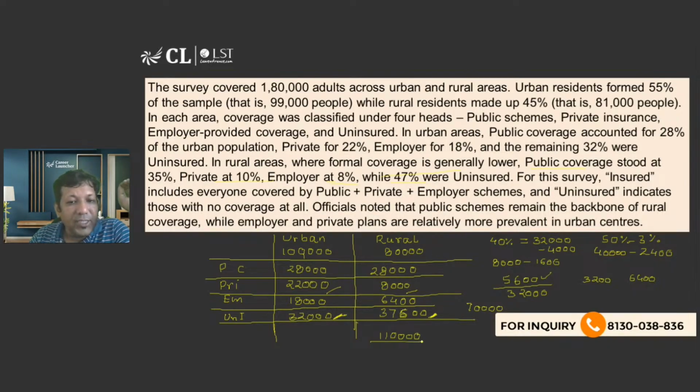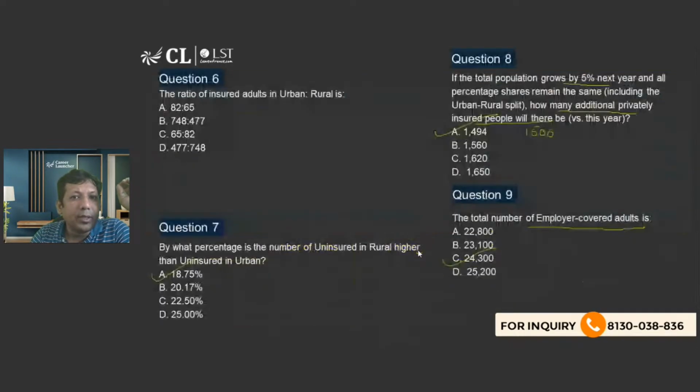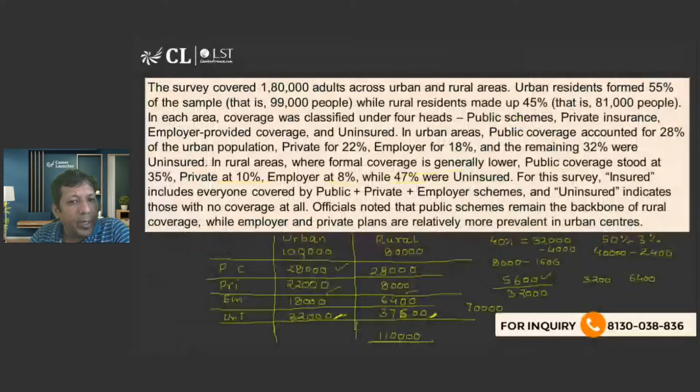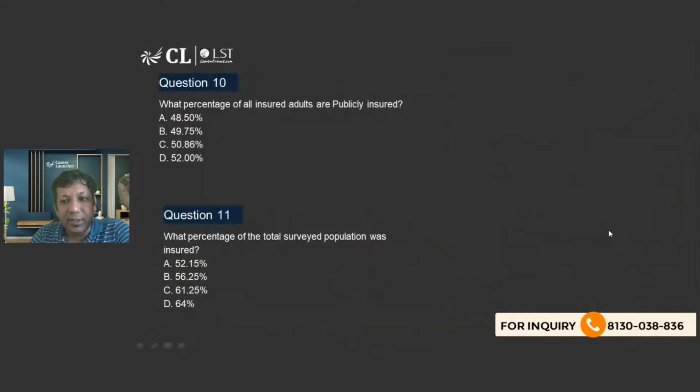And out of these 110,000, how many people are publicly insured? Public coverage is 56,000. So I have 56,000 out of 110,000, right? The value should be close to 50%, and this value is actually a little greater than 50%. So my answer is going to be option C. Clear?